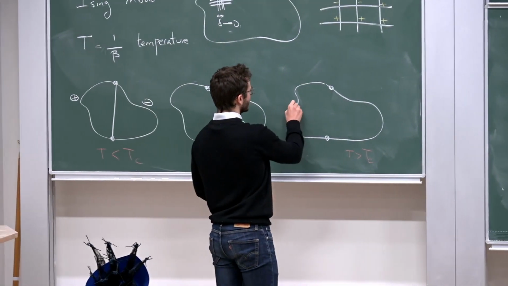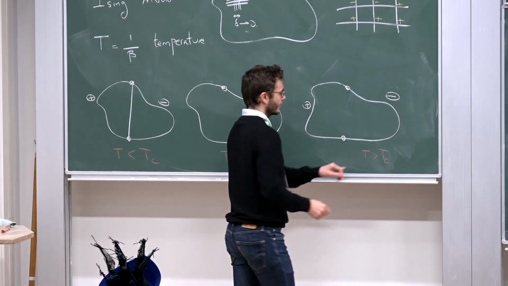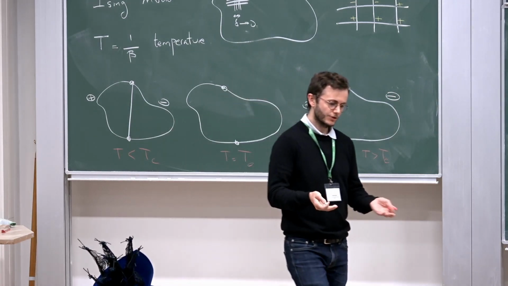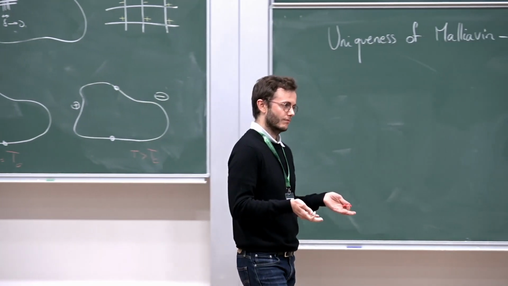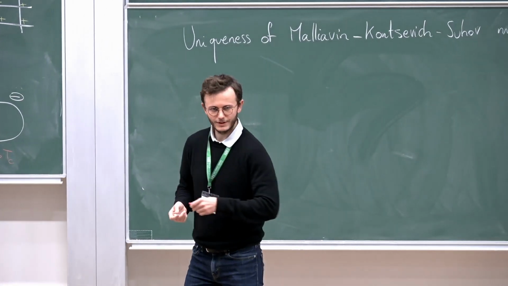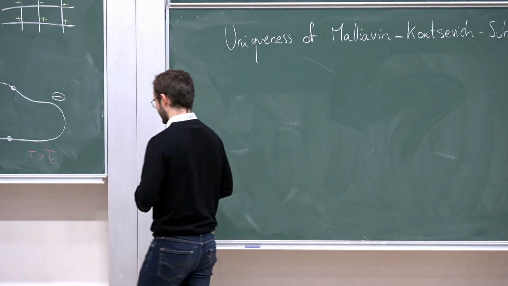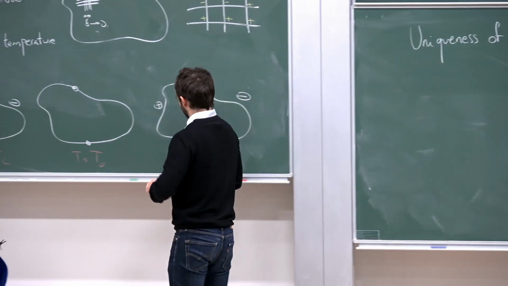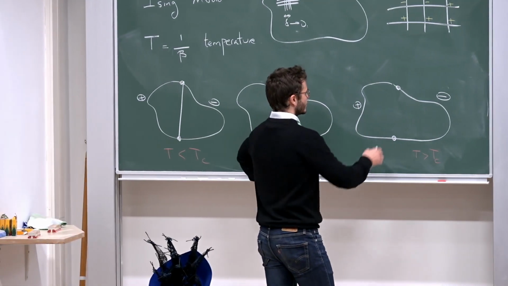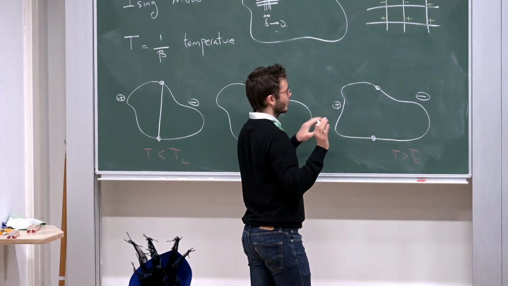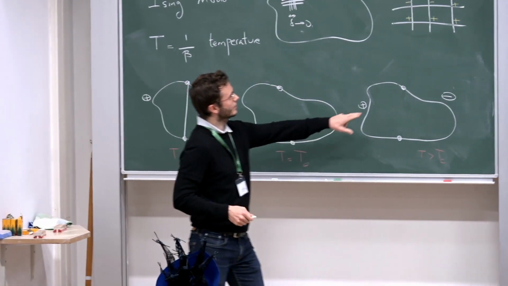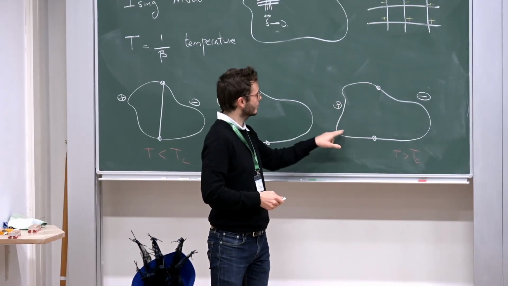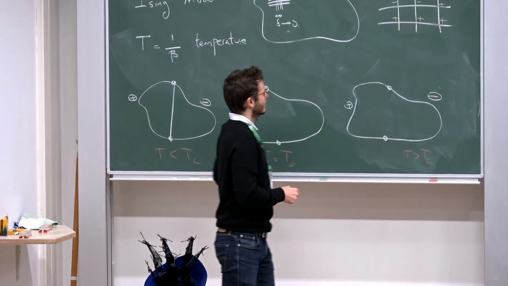I have the same boundary conditions everywhere. Here, the temperature is so large that I have basically a gas of atoms doing whatever they want, and so I have basically no interface, meaning that the interface is either very close to this one or to this one.